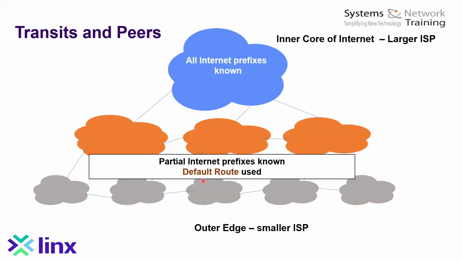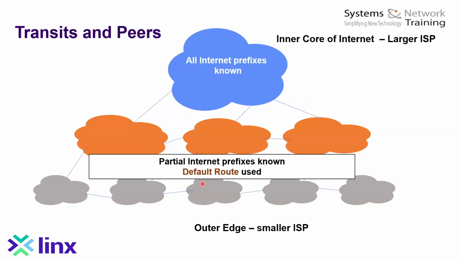And so they do something called default routing, which basically means where there are holes in the knowledge of prefixes of these smaller providers, they send the packet upstream, providing that they have purchased a transit relationship with an upstream service provider. The general term for that is default routing. We pass the packets upstream.